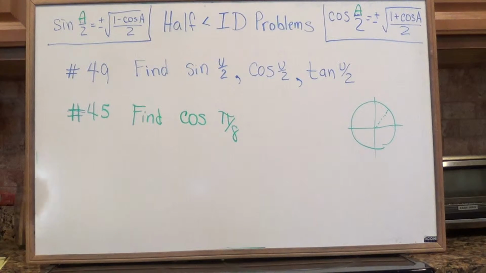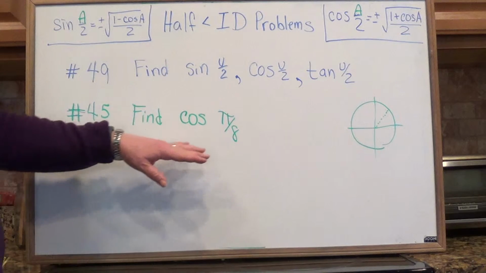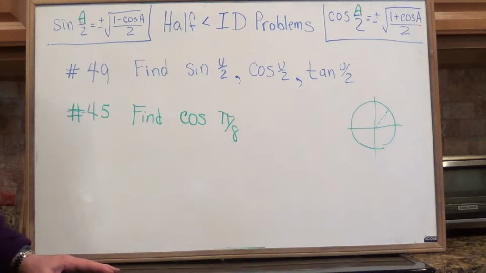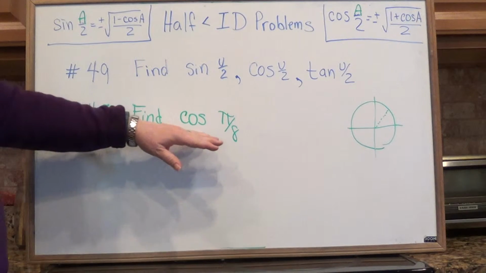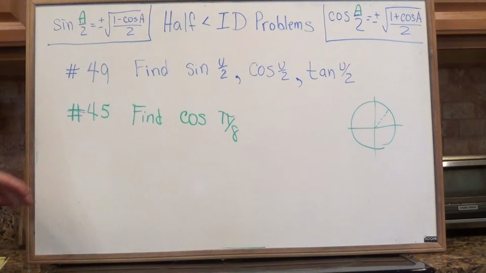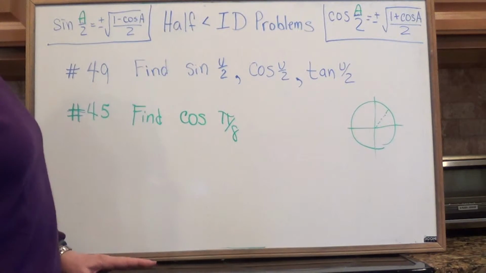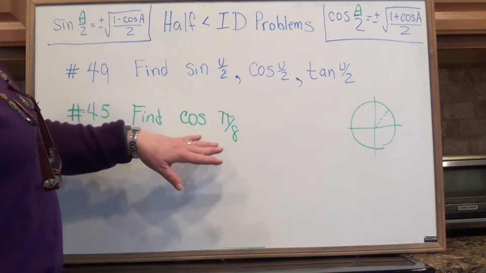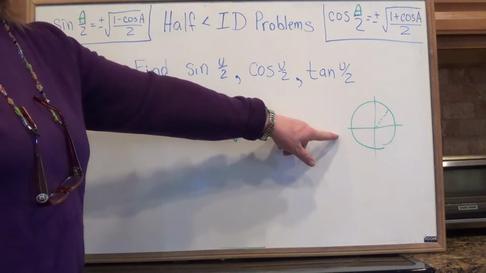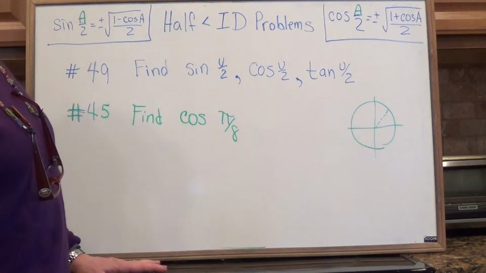It is number 45 on that yellow handout, and for those who haven't done it yet, I'll take you a little way, not far, and drop you off. The command on this one is to find the cosine of pi over 8. And we can't go strictly to the unit circle and find pi over 8 because it's not on the unit circle.